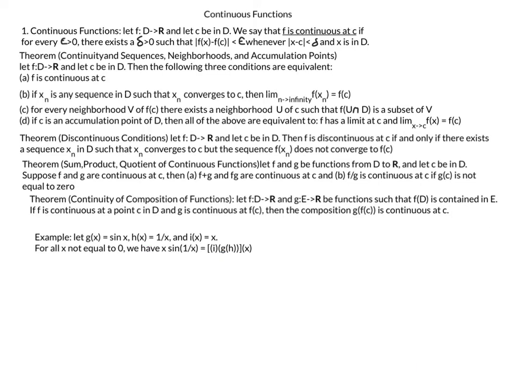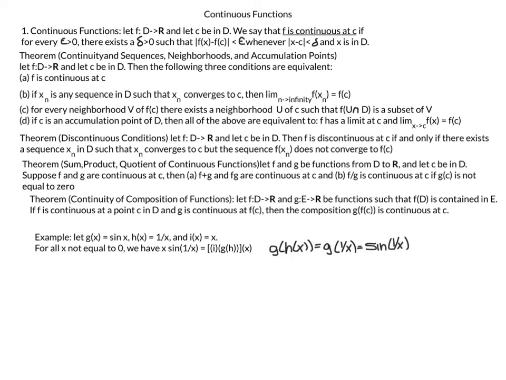For an example of our composition of continuous functions, we're going to let g of x equal sine of x, h of x equal 1 over x, and I of x equal x. So for all x not equal to 0, we have x, that's our function I, times sine of 1 over x, is equal to I times g of h of x.